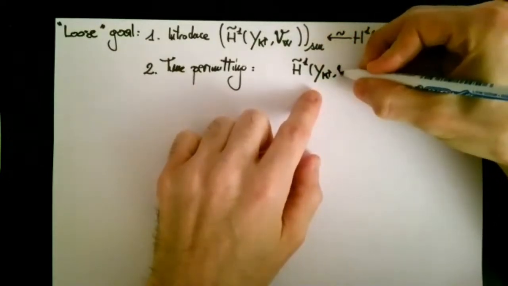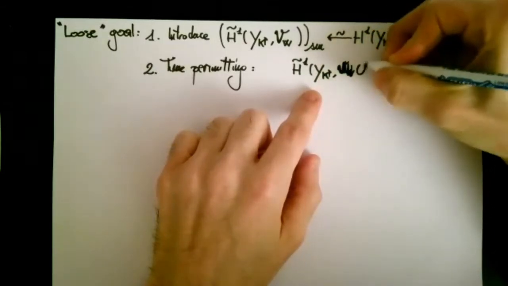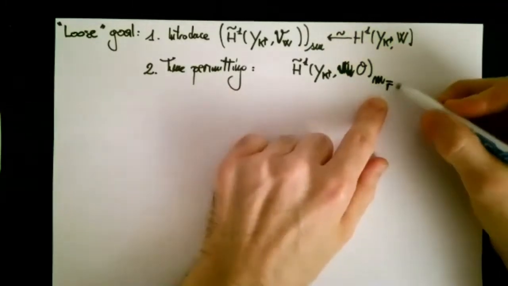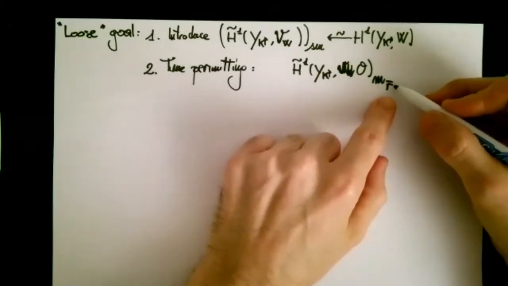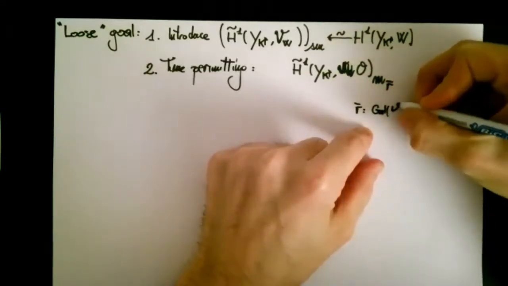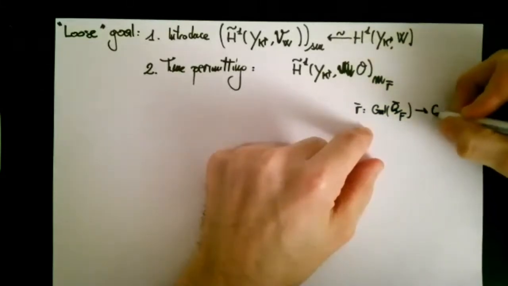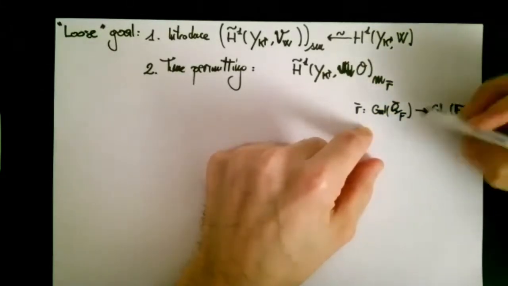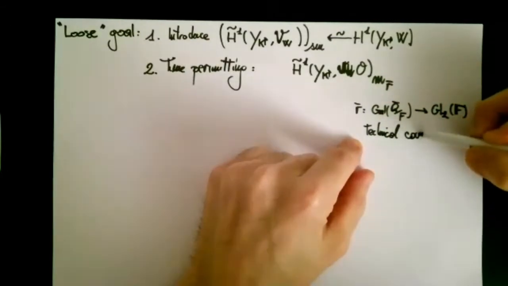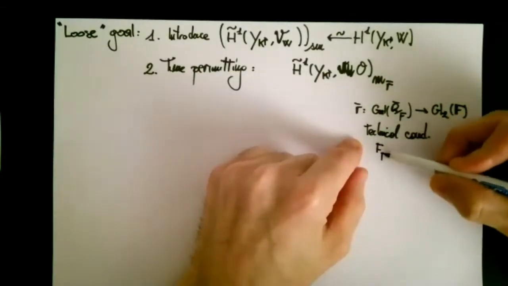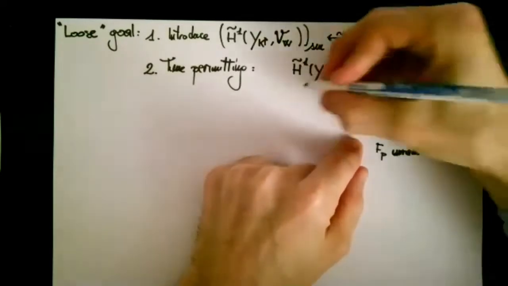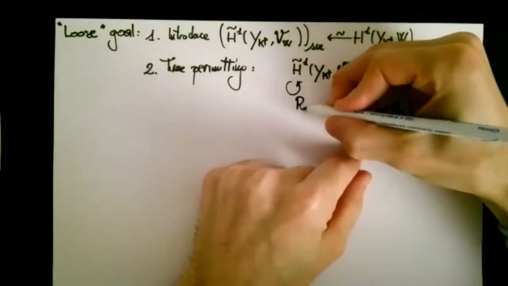So if I consider the completed cohomology localized at a certain maximal ideal in the Hecke algebra associated to a modular Galois representation of dimension 2, here we have r-bar, which goes from Gal(Q-bar/F) to GL2(F-bar), which satisfies certain technical conditions, and F at p is unramified, then this object carries an action of a local Galois deformation ring.